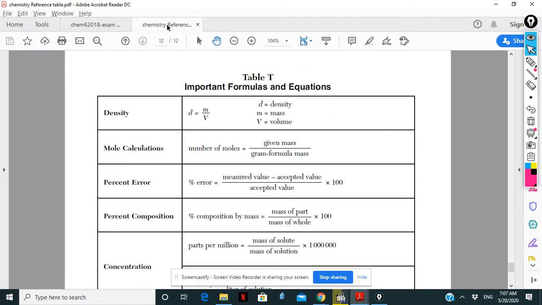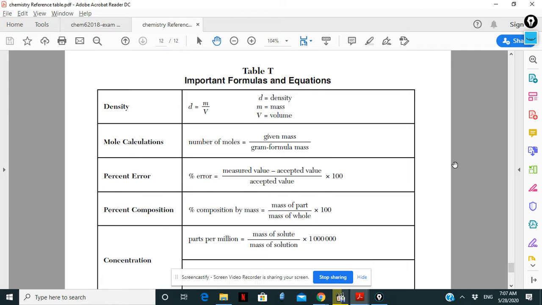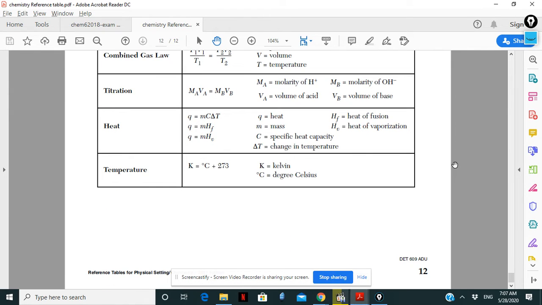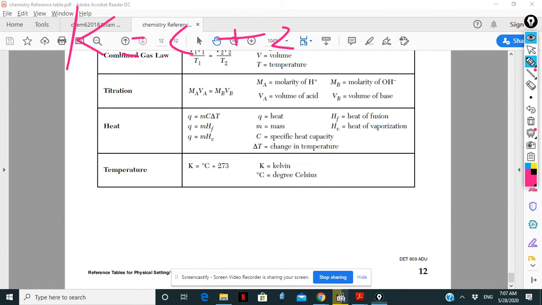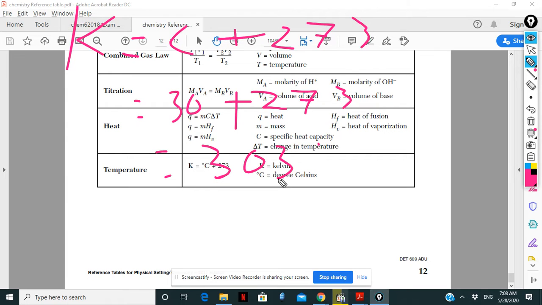I'm going to use a formula: Kelvin equals Celsius plus 273. The melting point was 30 plus 273, giving me 303 Kelvin. So that's the melting point.